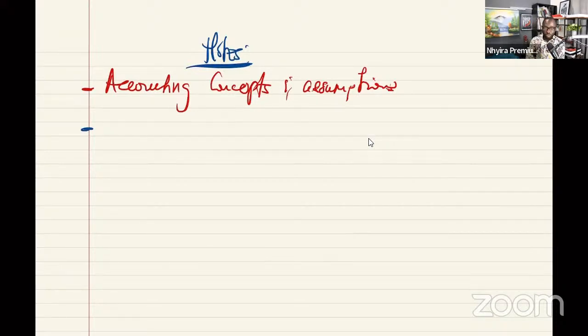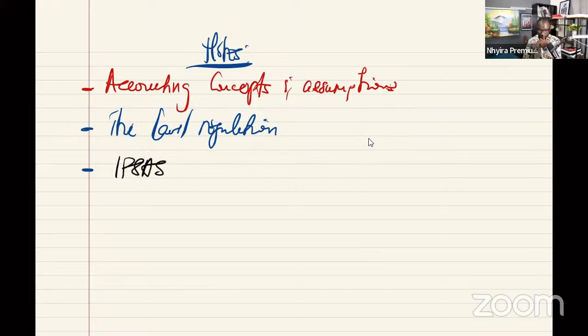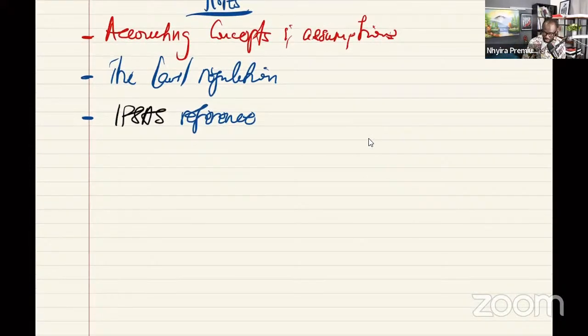We would also have to disclose issues in relation to the laws or regulations used in the preparation of the financial statements. We would also have to state the issue in relation to the IPSAS. We have to make reference to the IPSAS in the notes, that the financial statement was prepared in accordance with what? The IPSAS. So the IPSAS reference must be disclosed in the notes.